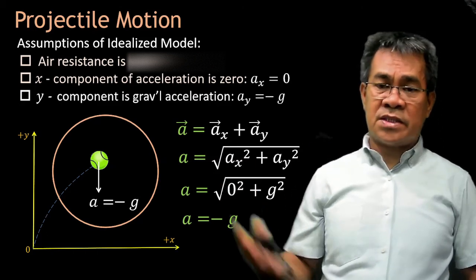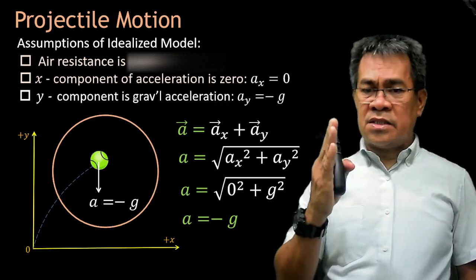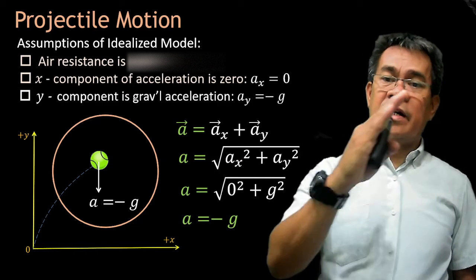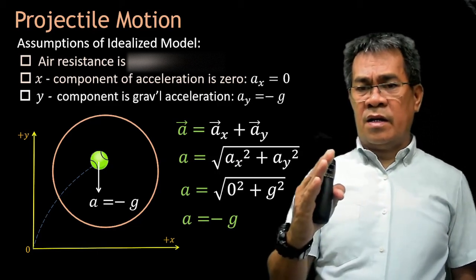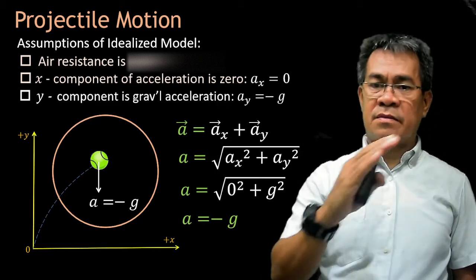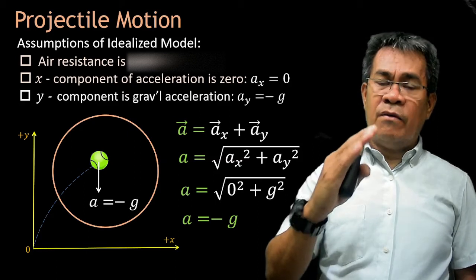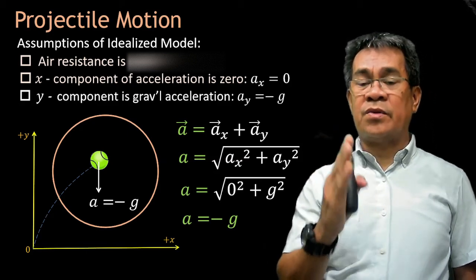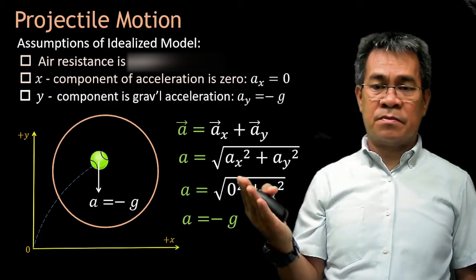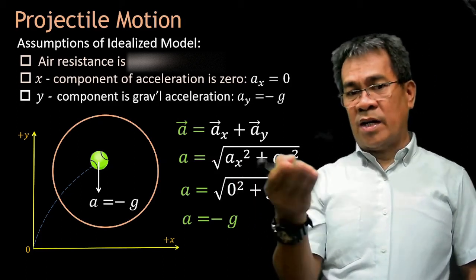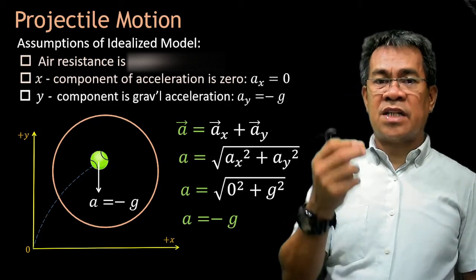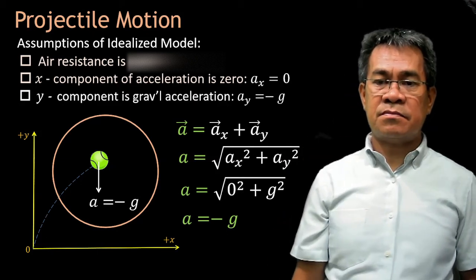What's the meaning of this? The meaning is, as the particle moves upward, climbing the curve, the velocity of that will keep on reducing because of the acceleration. But the velocity along x must be the same because of the zero acceleration along x.